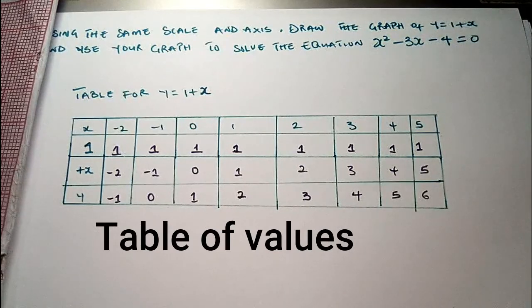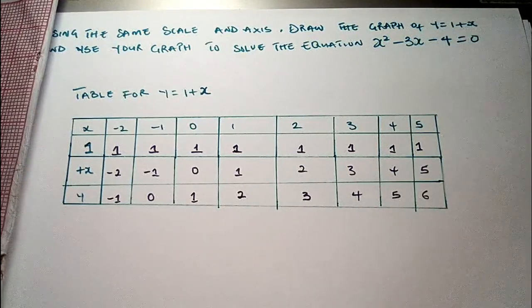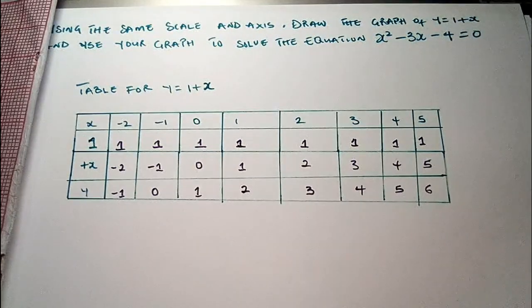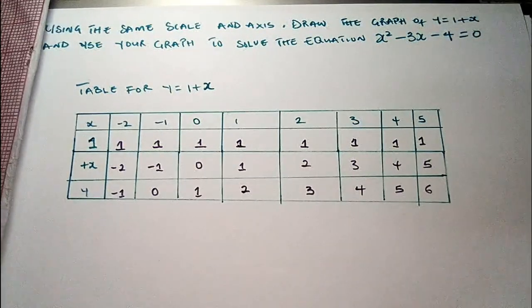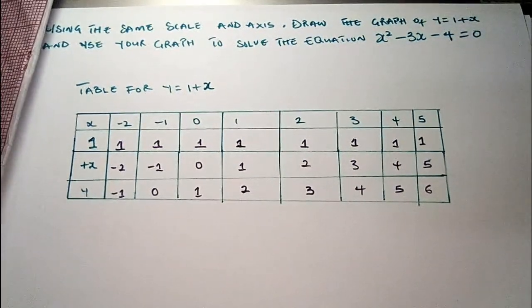Now, like you're seeing, we've already made up the table for y equals 1 plus x. And if you want to know how to make a table of values, you can check out our other videos. You can just pick three values for your table of values.